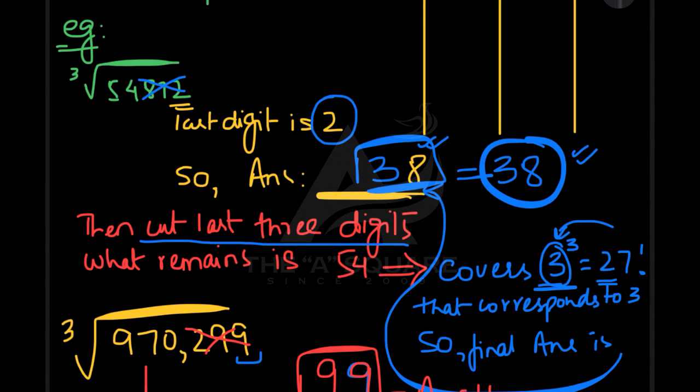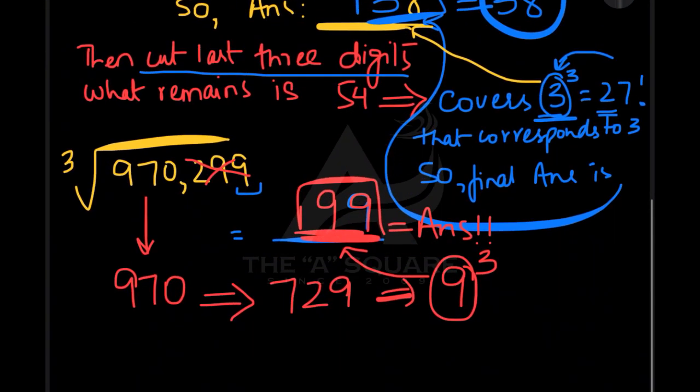So the number 3 is the number which I have to fill in my answer. Then the final answer is 38. You can easily check it as well by using a calculator, that 38 multiplied by 38 multiplied by 38 is 54,872.